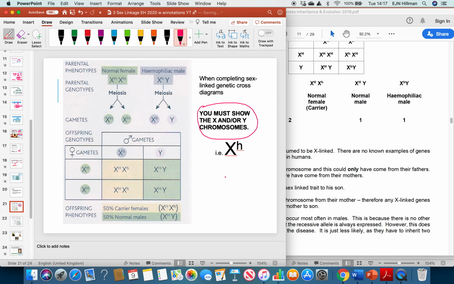Remember, the allele is only ever going to be present on the X, so it's either a dominant allele or a recessive allele, depending on what the symbol is. But it's really important to show the chromosome as well as the allele in a sex-linked inheritance. If you don't, you don't get the marks.